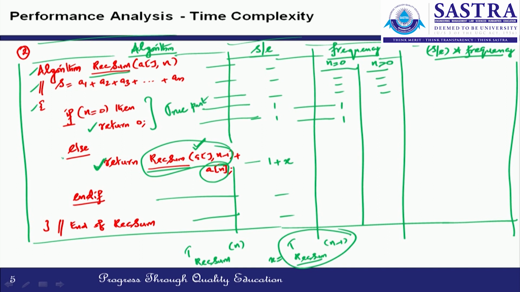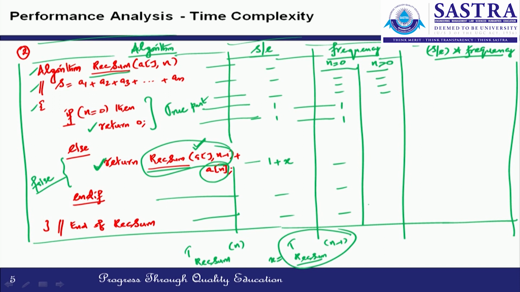Else is the false block. Since n is equal to 0, there will be no execution in the false block. So here put hyphen, then end if, a closing curly brace.